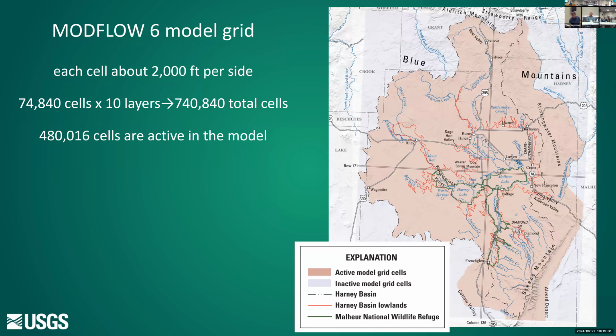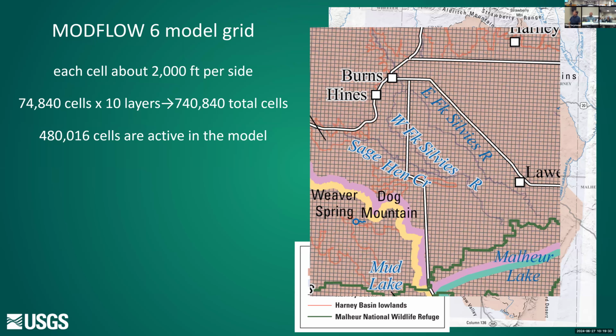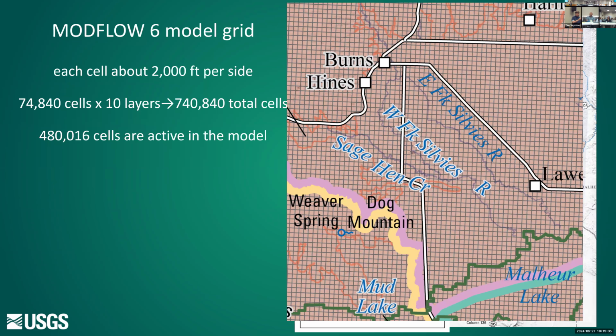And there's a little blow up here just around the Burns area, so you can actually see each of the little squares and how much area they might cover across the basin. So again, about 75,000 cells in a layer, and 10 layers, so about 750,000 cells in the total model.